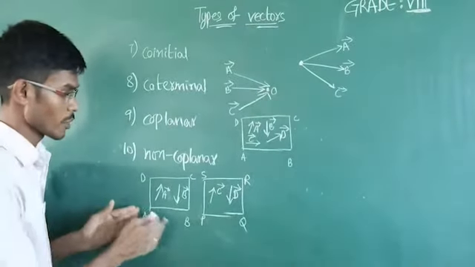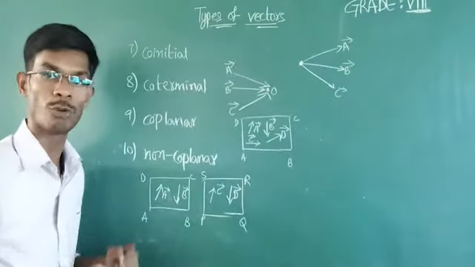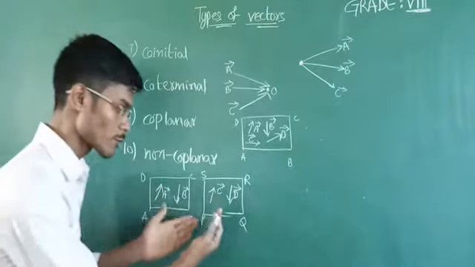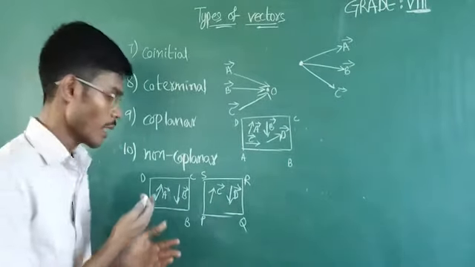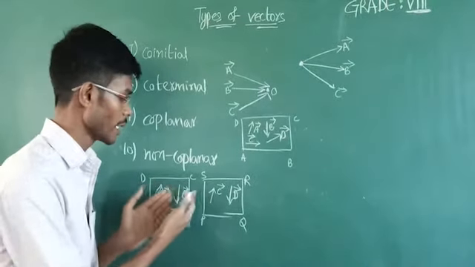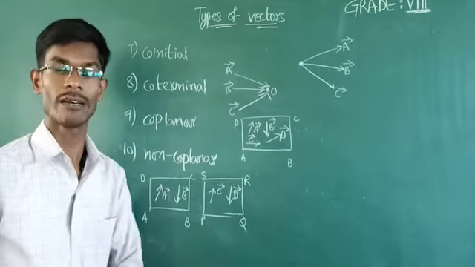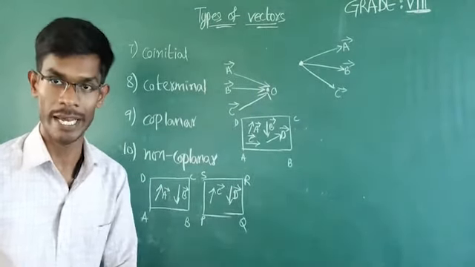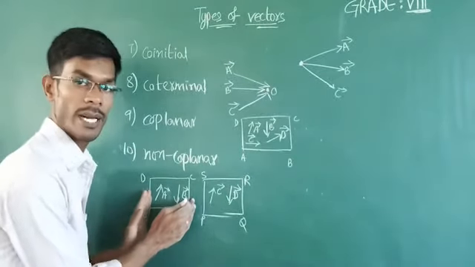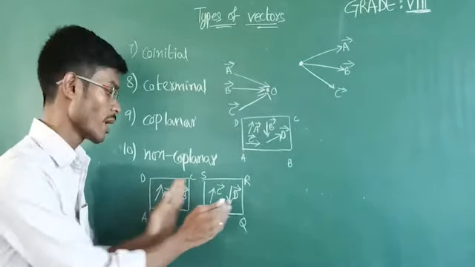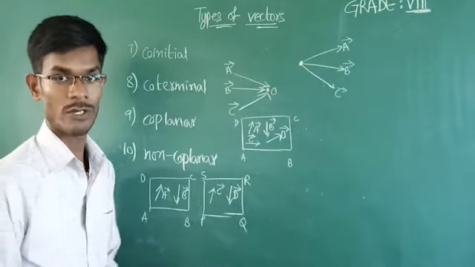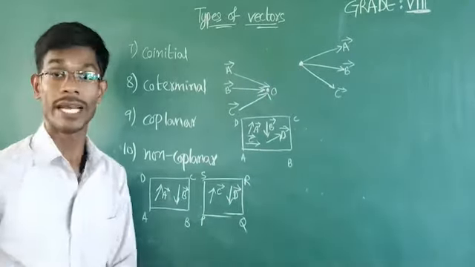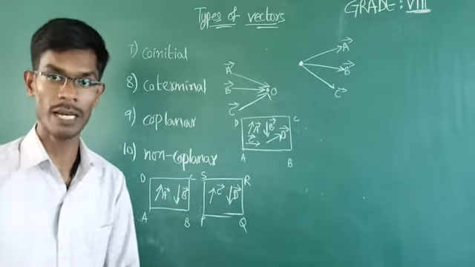So A bar and B bar are coplanar, and C bar and D bar are coplanar vectors. But A bar, C bar, D bar, all these together will come under non-coplanar vectors. Why? Because A bar, B bar are lying on one plane and C bar, D bar are lying on another different plane. So these vectors we will call non-coplanar vectors.